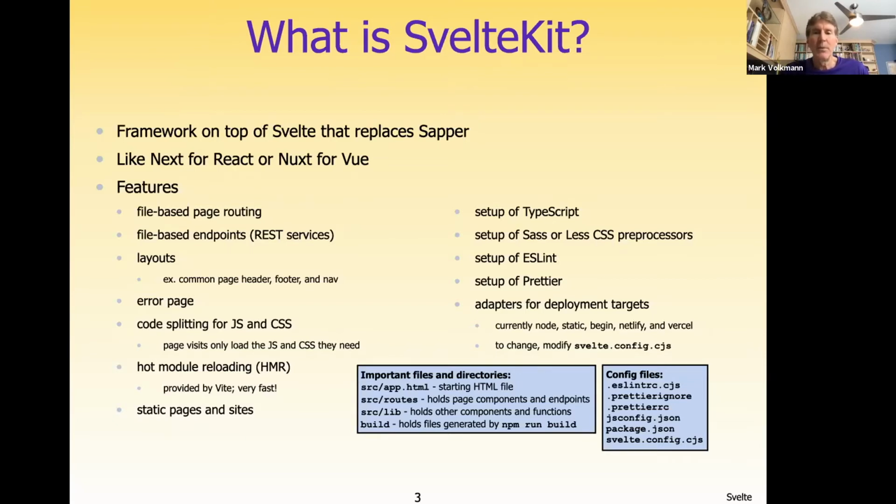So SvelteKit bills itself as a serverless first platform. And what they mean by that is they want to make it really easy to deploy your app that makes use of serverless functions. And so it's just a matter of setting the configuration to tell it that I want to use a specific adapter. So for example, I can say, I want to use Netlify.